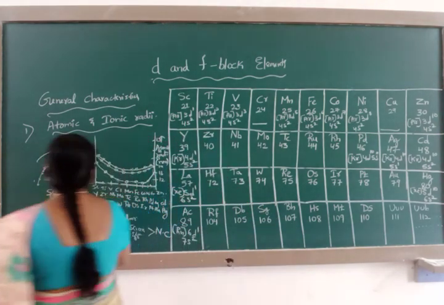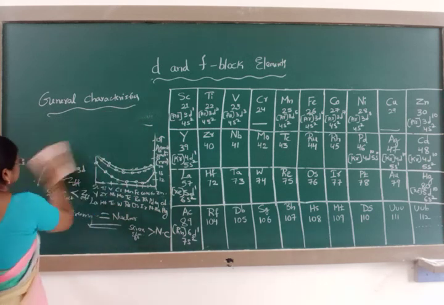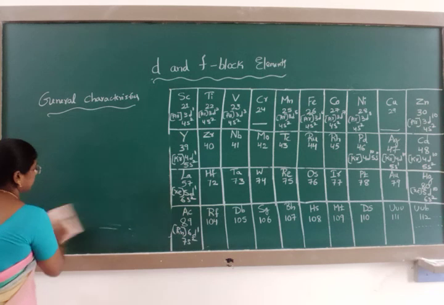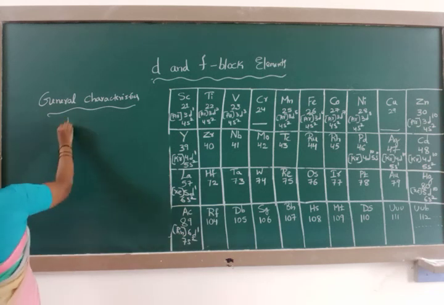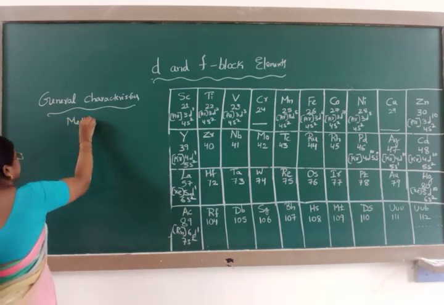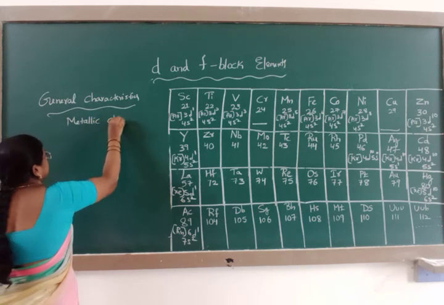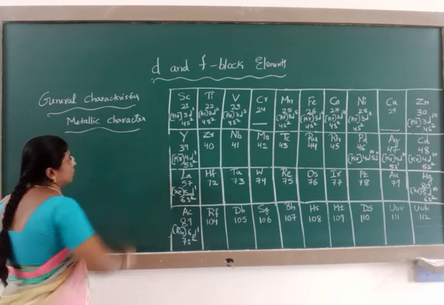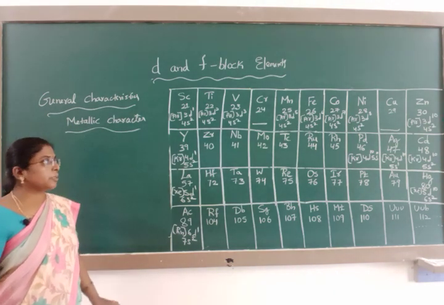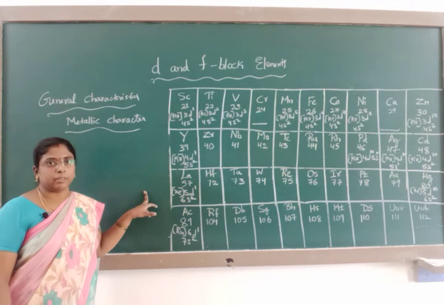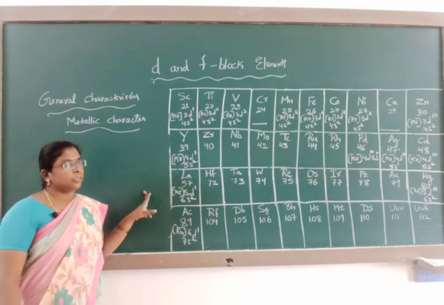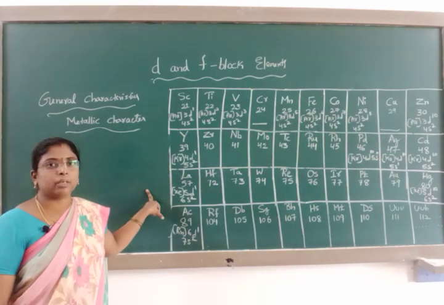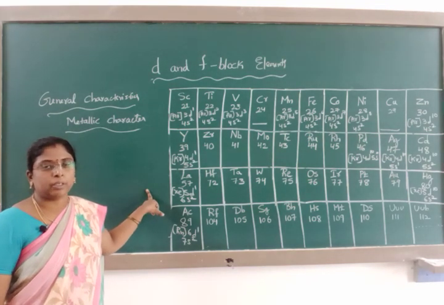After atomic and ionic radius, next comes the metallic character. Here the d block elements exhibit the metallic character. The reason is that they have partially filled d orbitals or vacant orbitals.